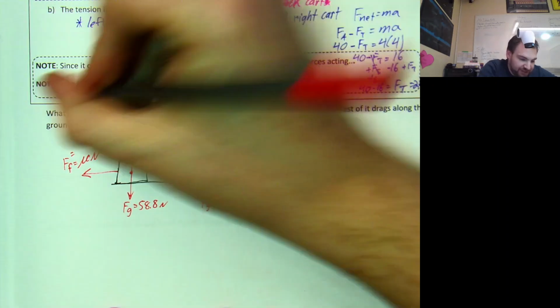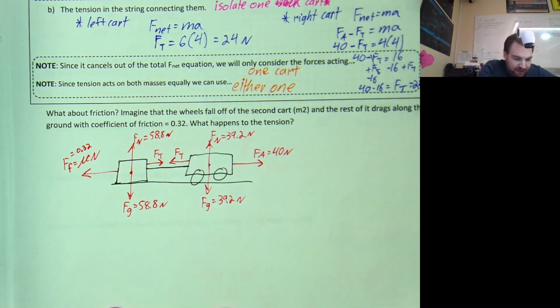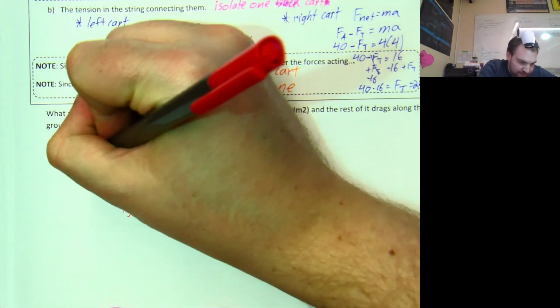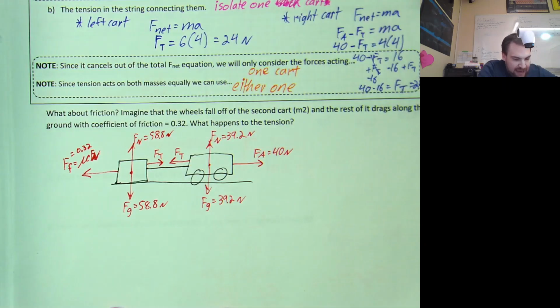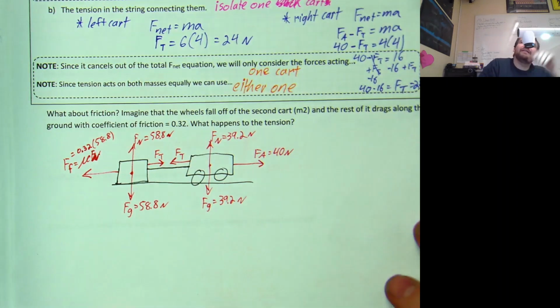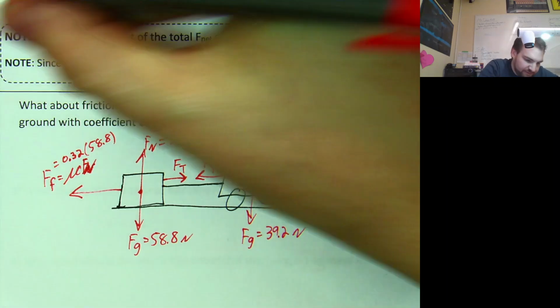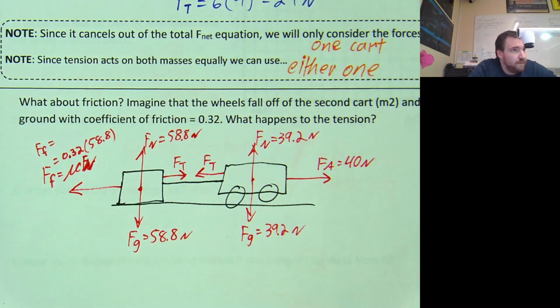The coefficient of friction is 0.32, and that should be Fn, not just n. And Fn is 58.8. So what is my force of friction on that block? 18.816.